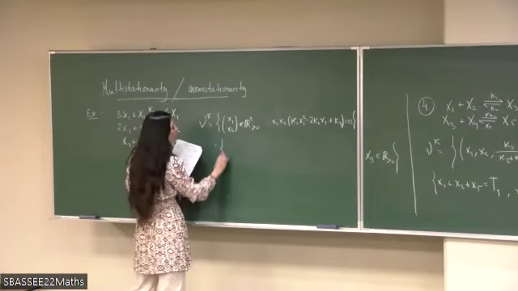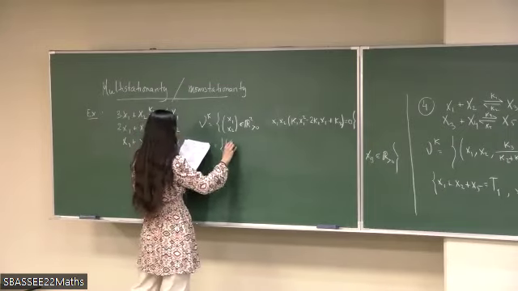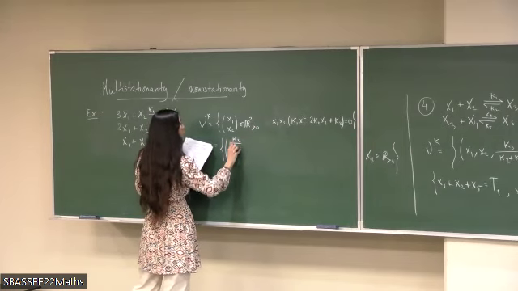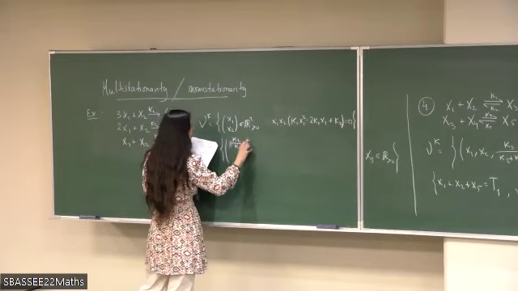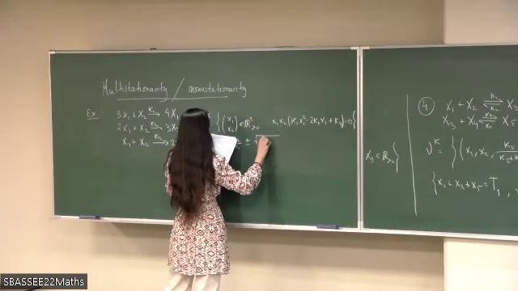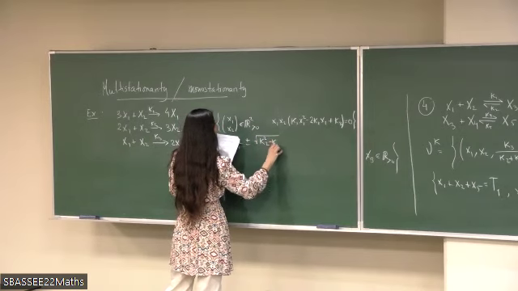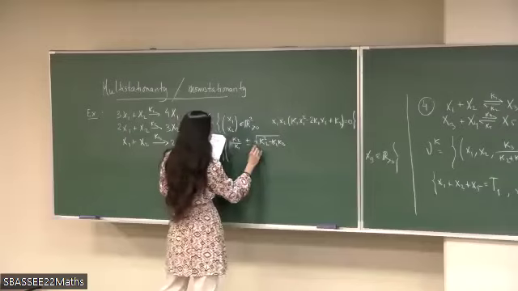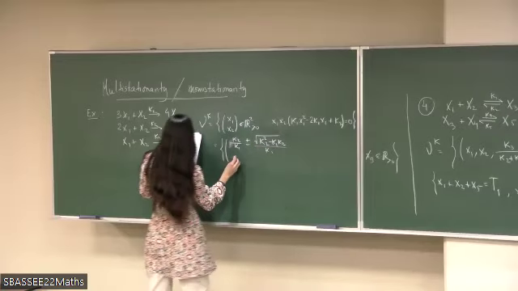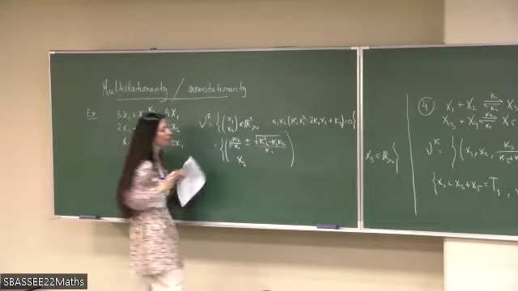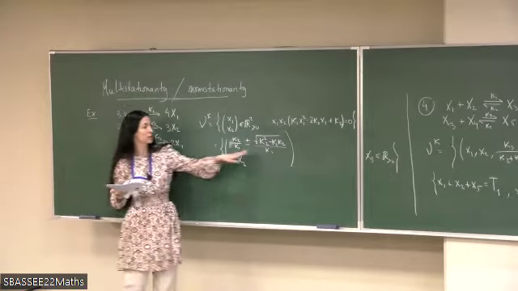So the points here will be of the form K2 over K1 plus or minus this, and then some other value, provided that this is positive.